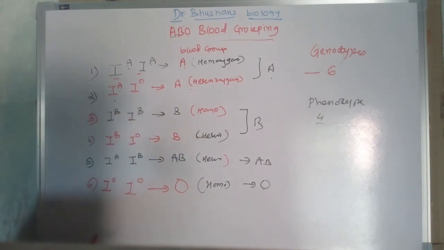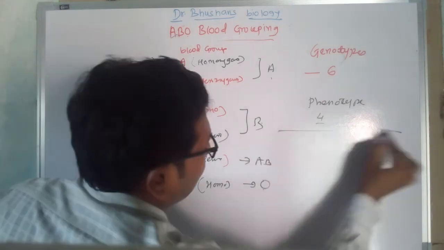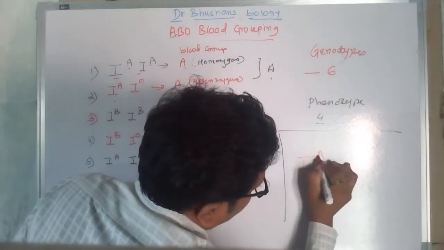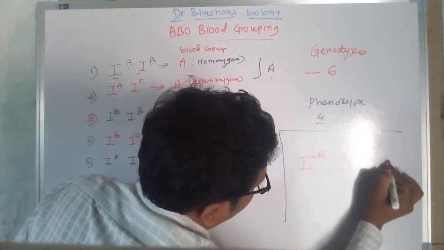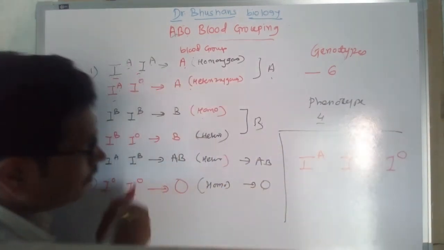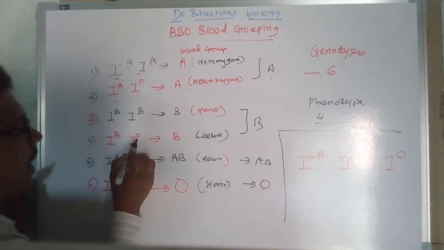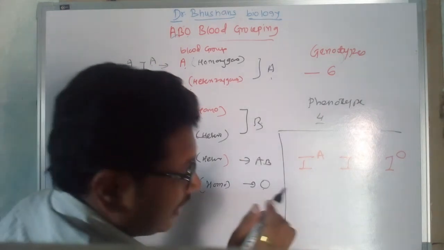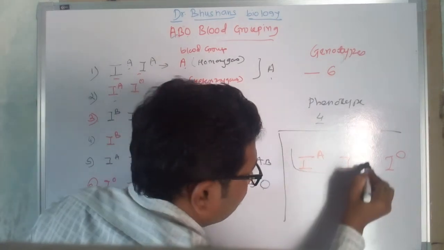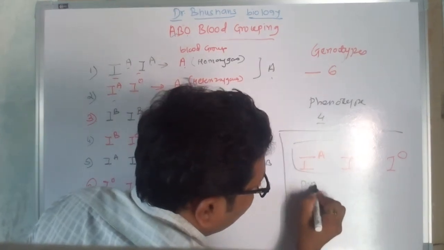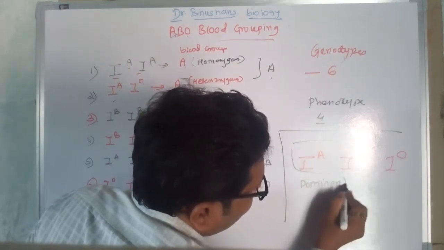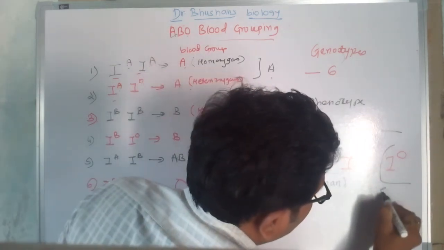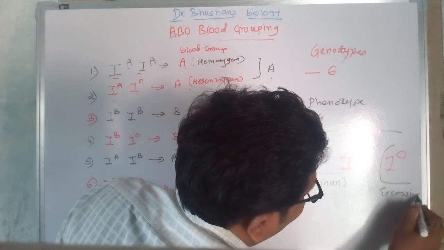So in this condition, as we said, IA, IB and IO. Now you ask why O did not come here? This is our question. What is the reason behind this? These two are dominant alleles, so they express, and this one is a recessive allele, so it is not expressed.